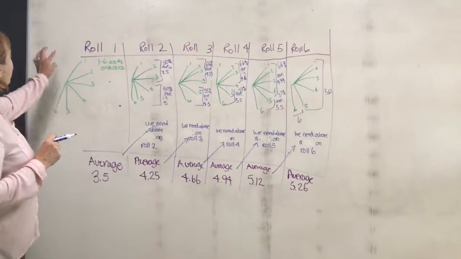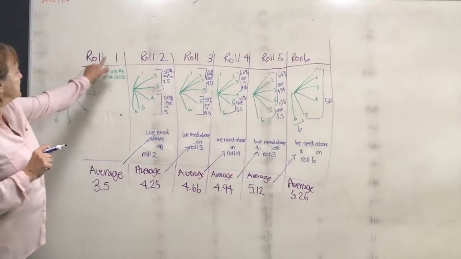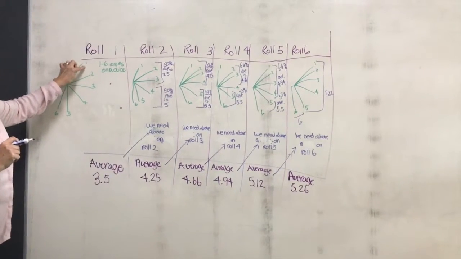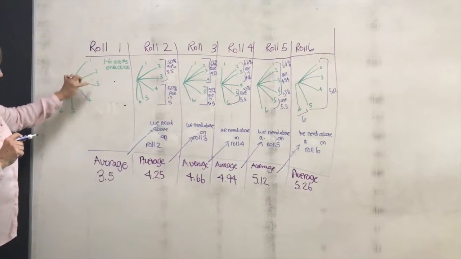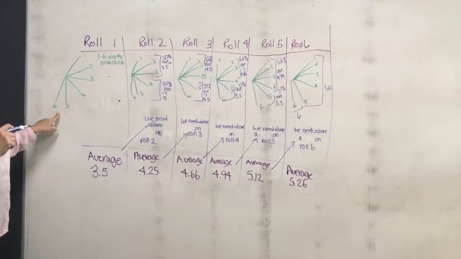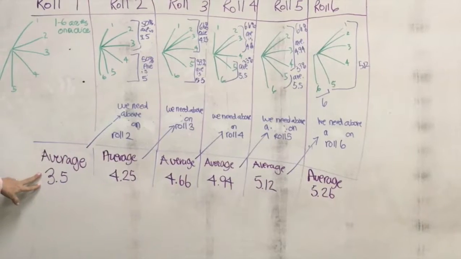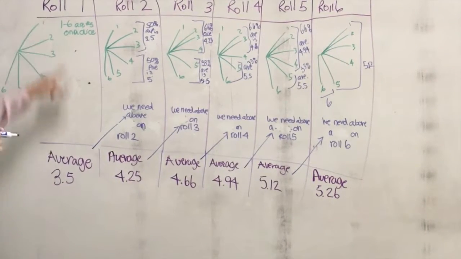Okay, for the tree method, we have 6 rolls of a die. These numbers are 1 through 6. There are 6 numbers on each dice. The average of these numbers is 3.5 on roll 1.